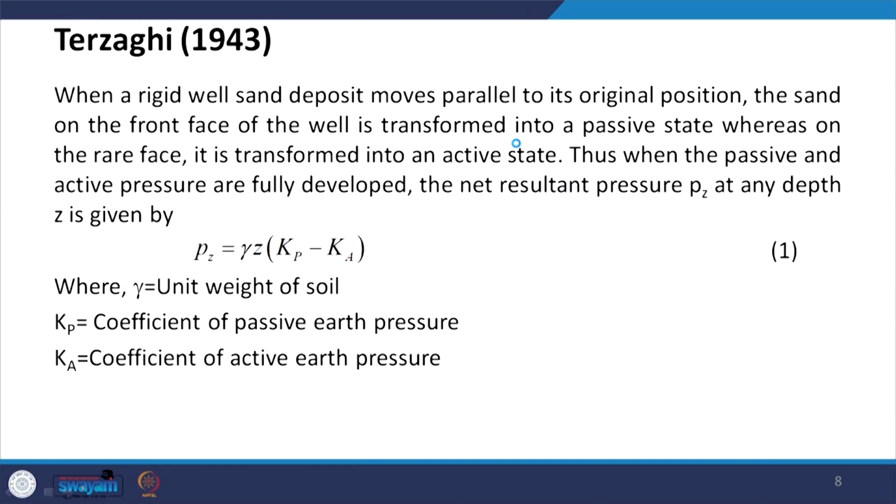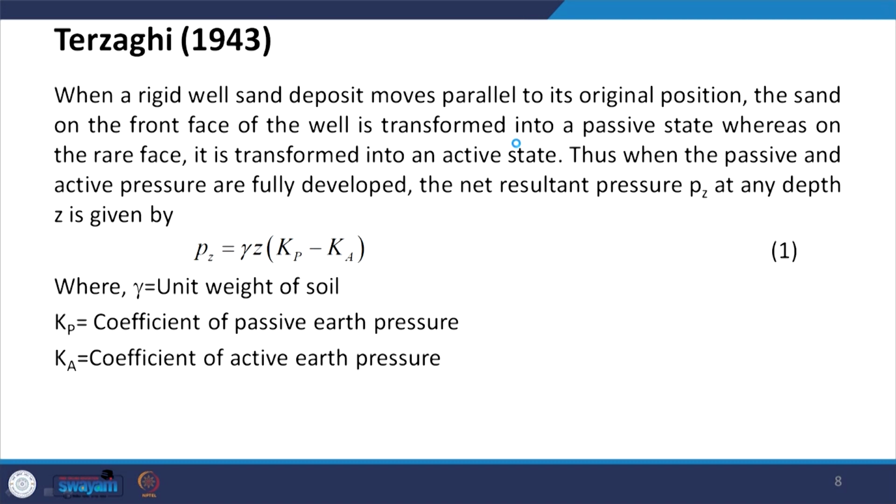So, you have soil on both sides. The part of the soil where it is pushing will go into passive action, and the soil which is getting pulled will be under active pressure. So, both conditions are generated when the well moves, passive as well as active. The well front face is in a passive state, whereas the rear face is in the active state.